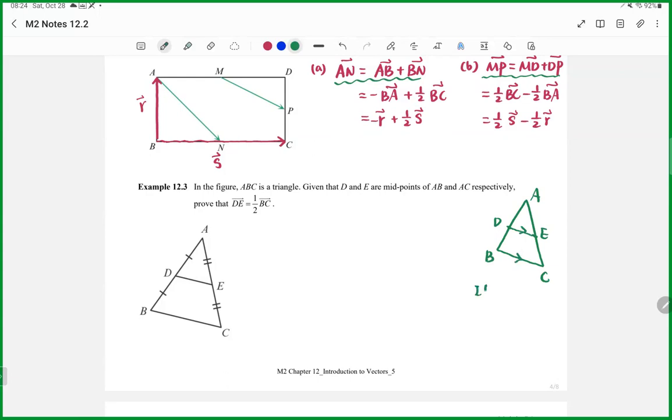So DE equals 1 over 2 BC, and DE is parallel to BC. I think you learned it as the midpoint theorem.